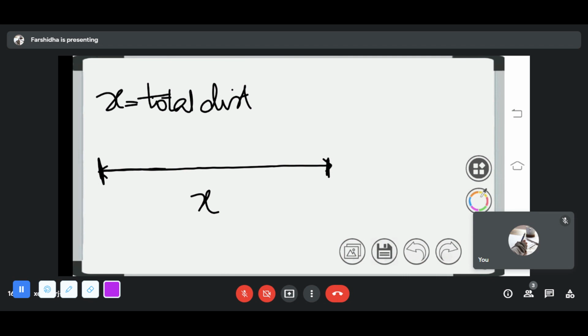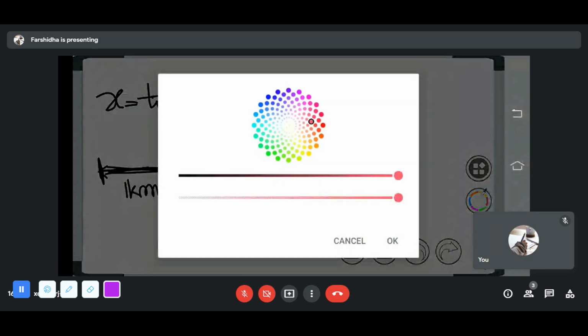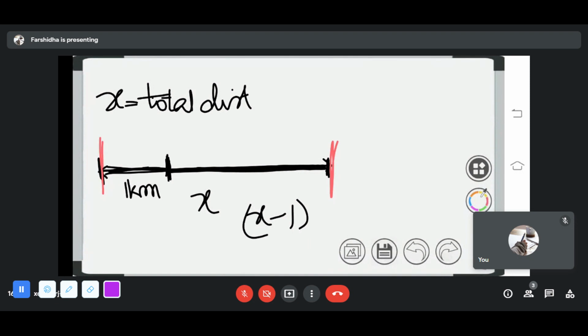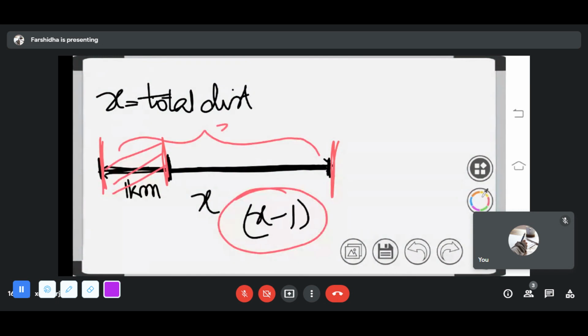See, this is your total distance x from here to here. So if you have covered 1 kilometer, then the distance after 1 kilometer will be, see, I have covered 1 kilometer here. I can write as x minus 1 because this whole is x. From here to here is x.